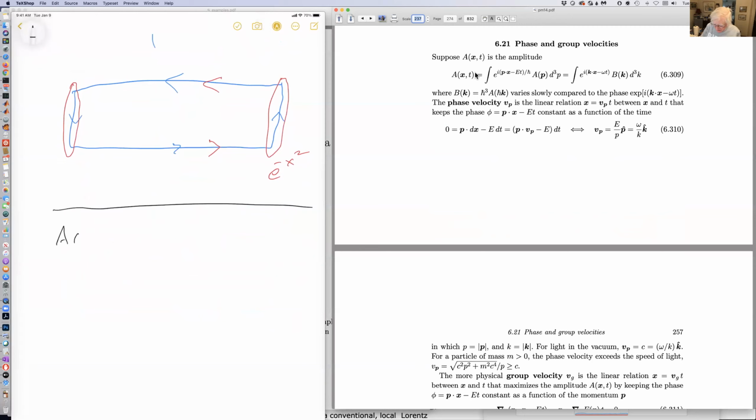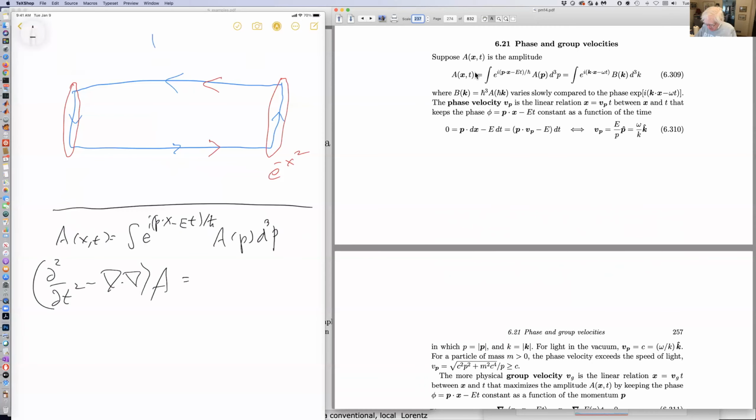So basically, if we're saying that A of x and t is an integral e to the i (p dot x minus Et), and then if we're using universal units, we divide by h bar, and then we have A of p d^3p. This is a solution of the wave equation in the sense that partial squared over partial t squared minus the divergence of the gradient acting on A, well, what will that be?